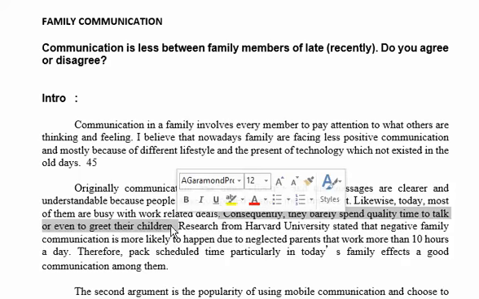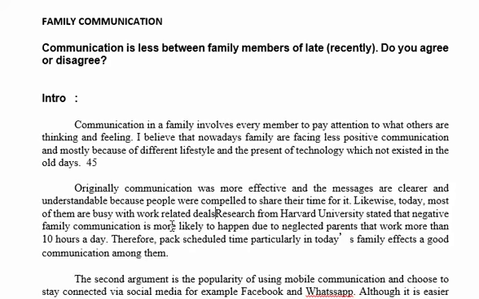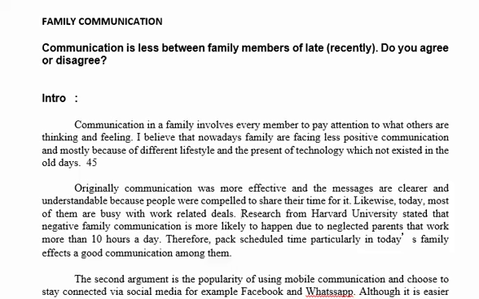Then I'd delete this sentence and begin the sentence by saying, for example, research from Harvard University stated that because parents are on average working 10 hours a day, they are not communicating with their children nearly as much as they should.